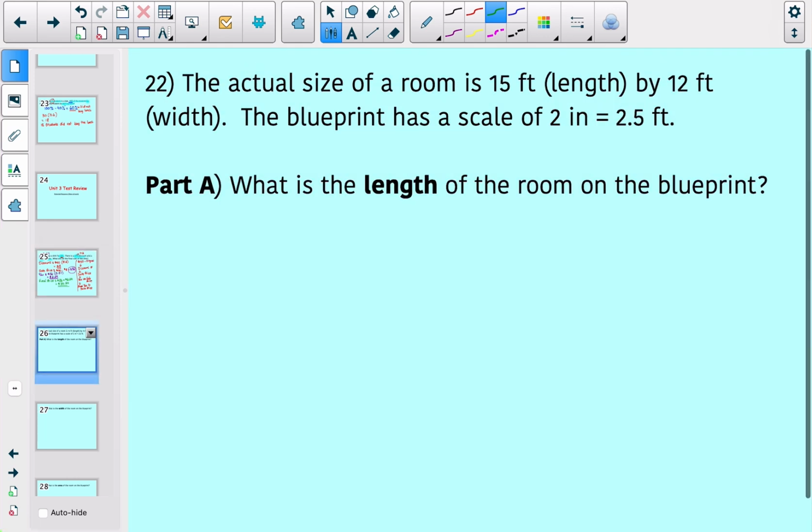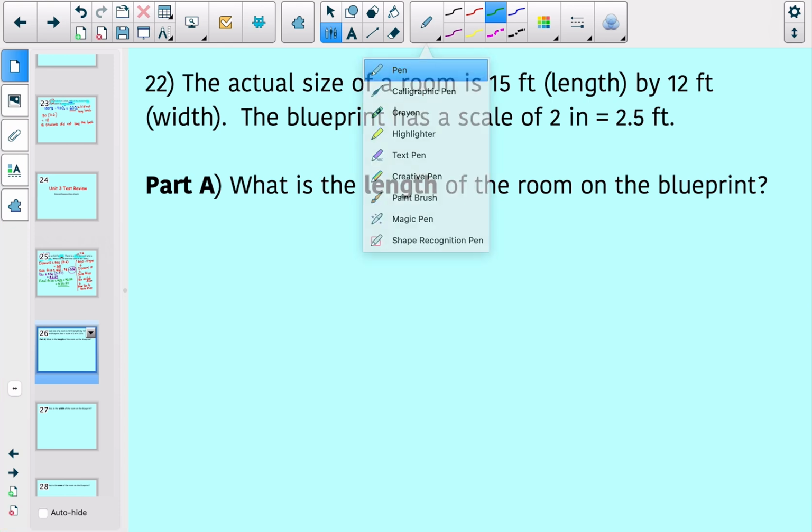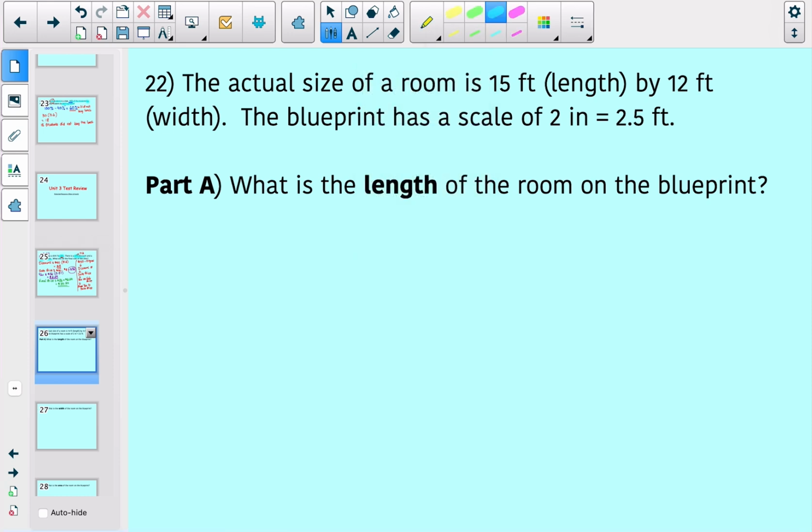Okay, now let's look at question number 22. It says the actual length of the room, let me just highlight as we go, is 15 feet by 12 feet. So this is the length and this is the width.